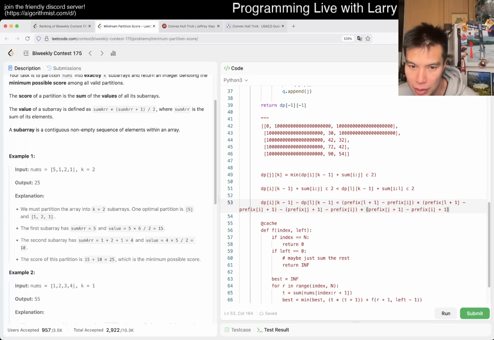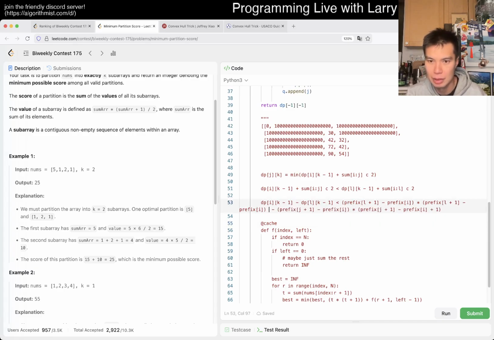Can I simplify this? I know that there's this part that's shared, but it's just this plus this, right?